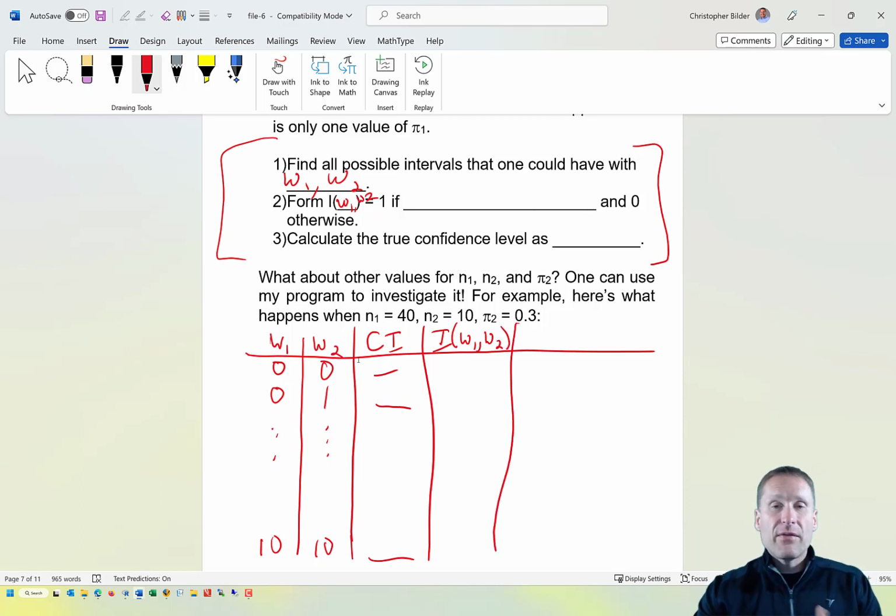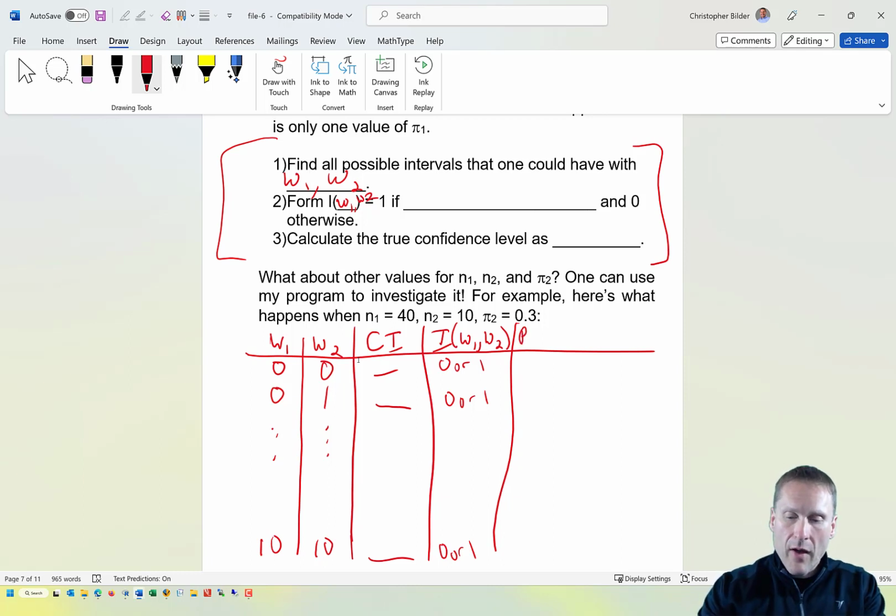If the interval contains pi1 minus pi2, in this case 0, then I have a 1. Otherwise I have a 0. And so I look at all these intervals here to make that determination. Lastly, calculate the true confidence level. To do this, what I need is the probability that W1 is equal to a particular value of W1 and W2 is equal to a particular value of W2.